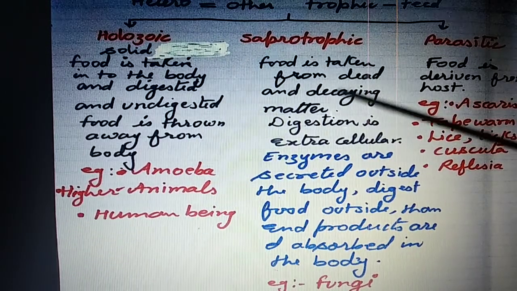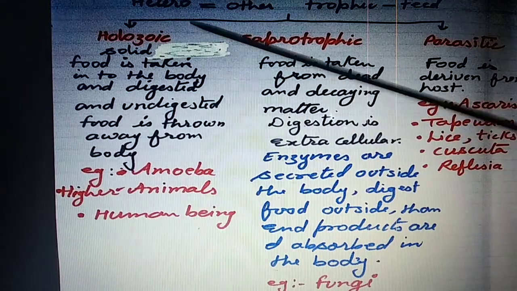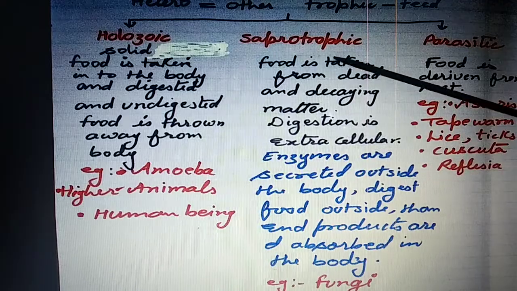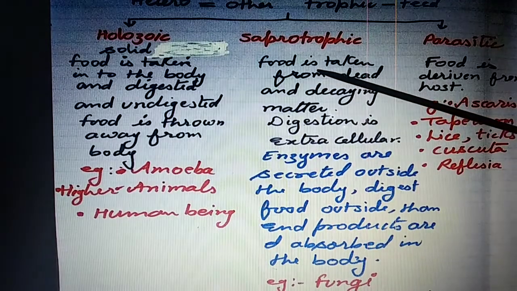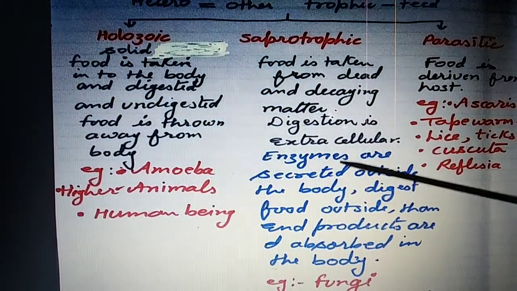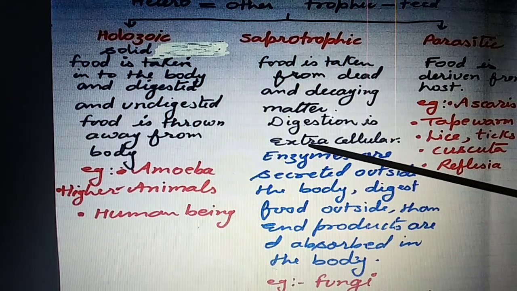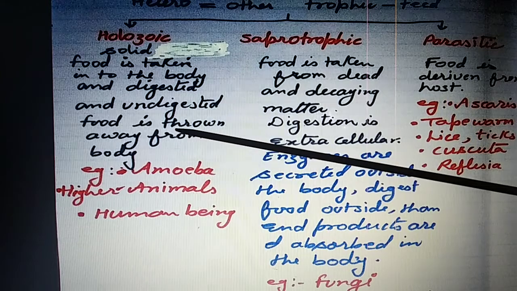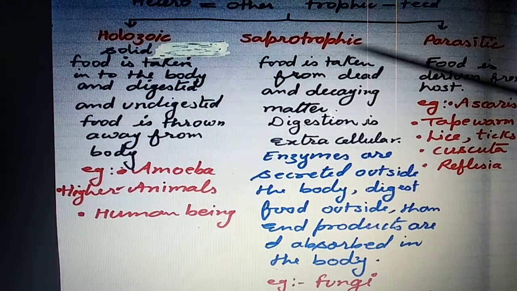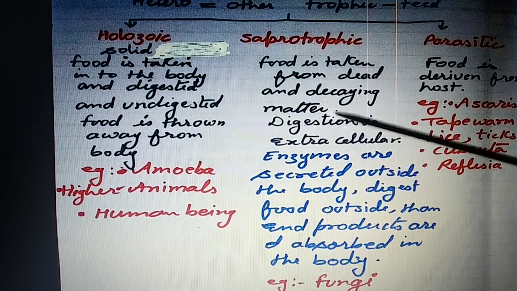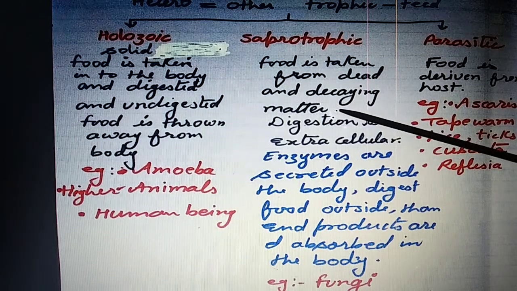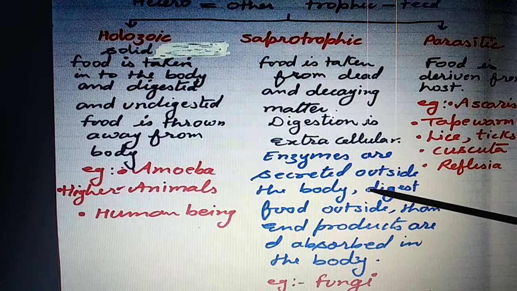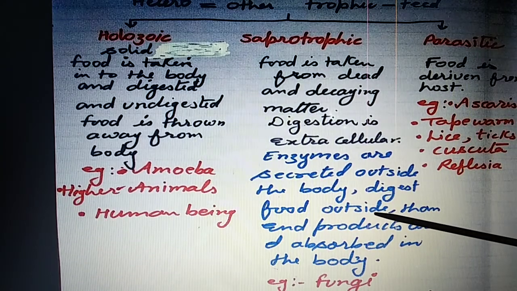Now, how do they digest? In the first one, food is taken inside, then digested. Now in this type of nutrition, the food digestion is extracellular. In the holozoic one, the digestion is intracellular. Food is taken inside the body, then it is digested. But in this type, digestive enzymes are secreted out from the body and they digest the food outside.